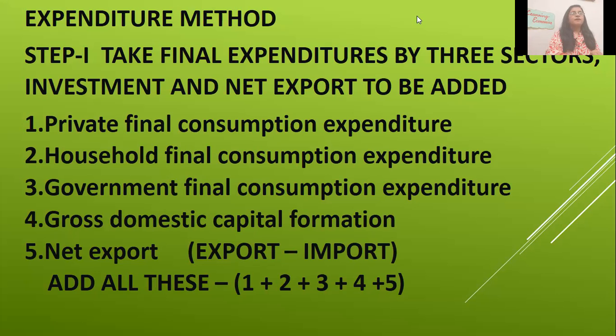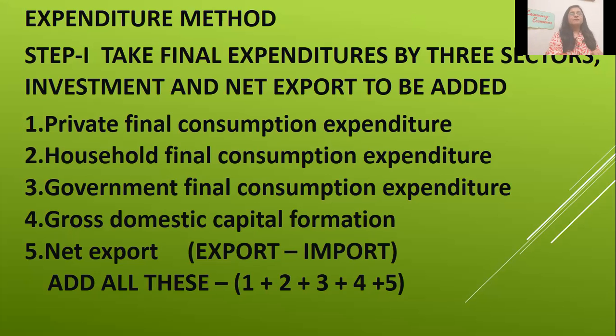You have already done the circular flow of income. Two-way, you have done, producer and consumer. Then three-way, producer, consumer and government. And four-way, producer, consumer, government and from abroad.